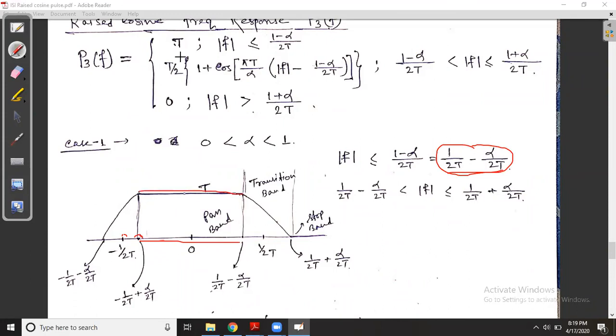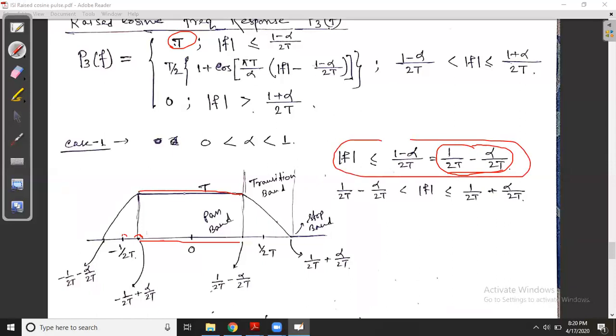I am considering the value of alpha between 0 and 1, and putting that value in this expression.